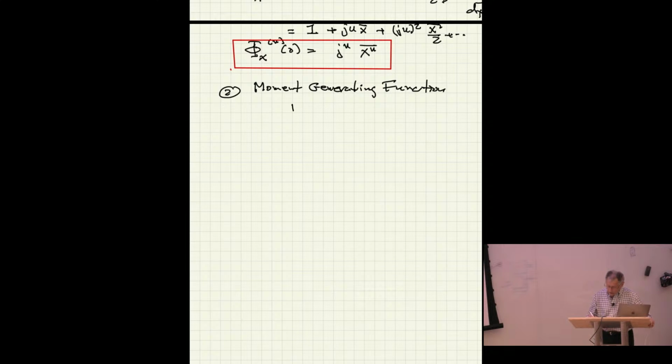It's this quantity m sub x of v, say, which is defined as the expected value of e to the vx. That's a definition. And of course, that's equal to, just to remind us, the integral of e to the vx f of x dx.